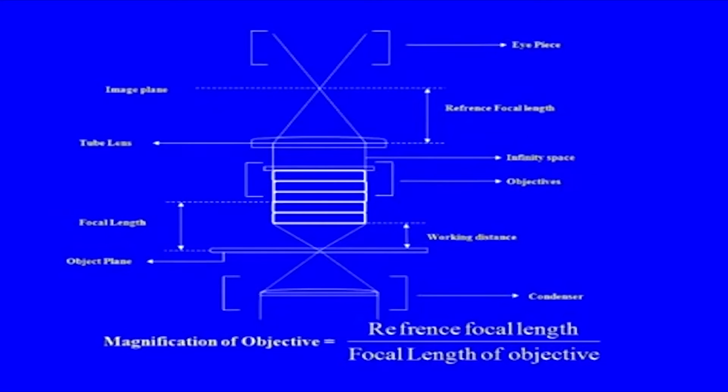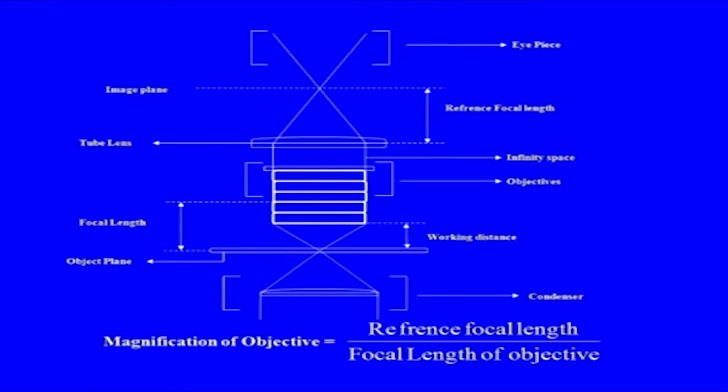This simple schematic shows that you have other lenses like the condenser lens system, you have the object plane, and you have the objective lens placed here. There is an additional lens near the objective lens, called the tube lens. The light coming from the specimen, that is diffracted light or direct light, is directed at infinity by the objective.